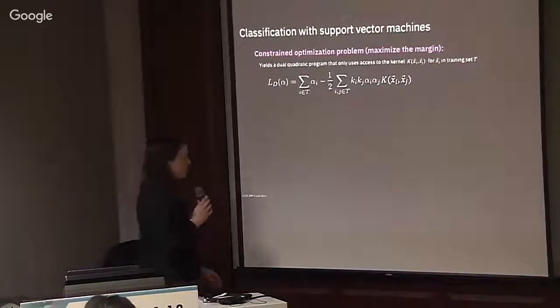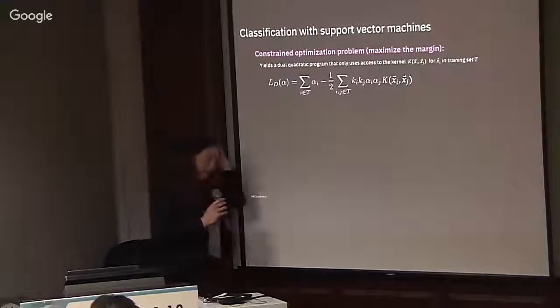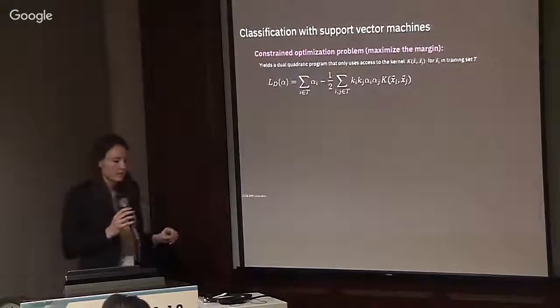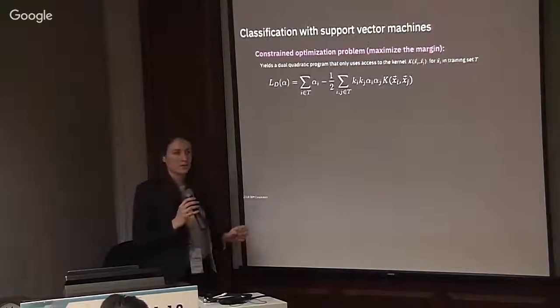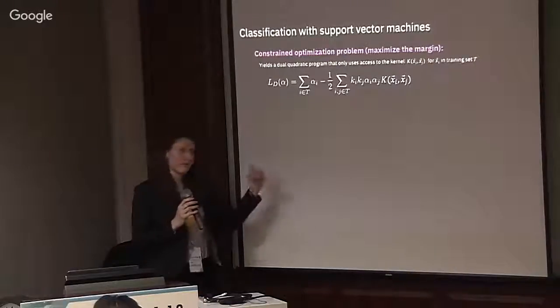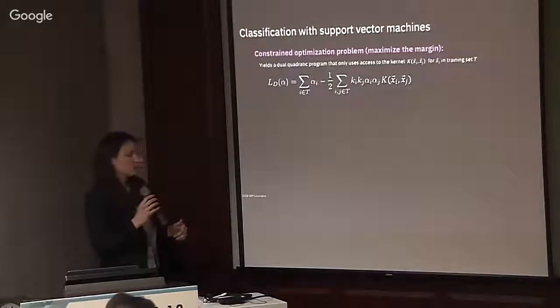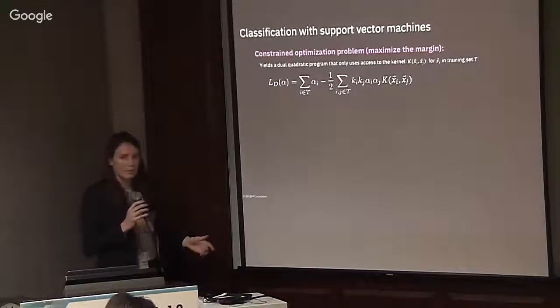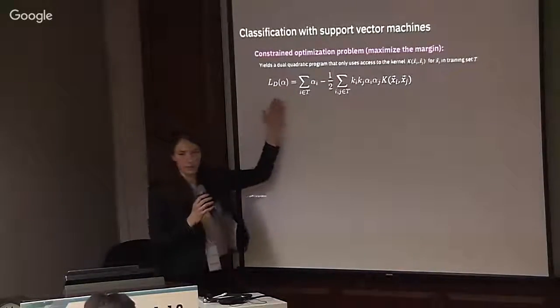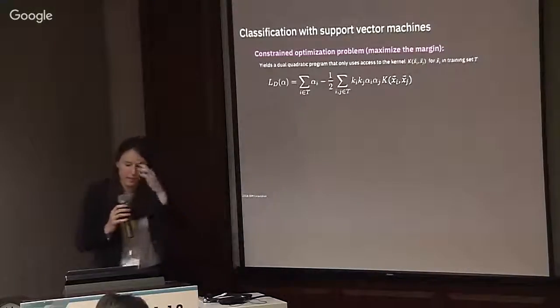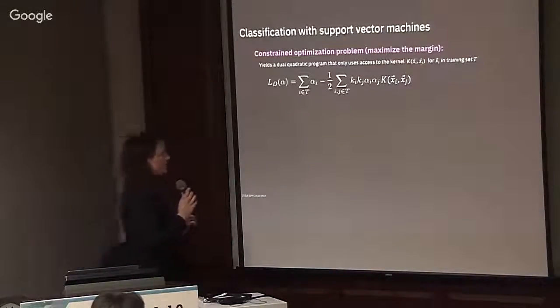So if you minimize the norm of the vector subject to some constraints, and those constraints are that your data points must lie outside of this margin, then you can rewrite that simple optimization problem in its dual form, which looks like this. And so let me explain what this is.